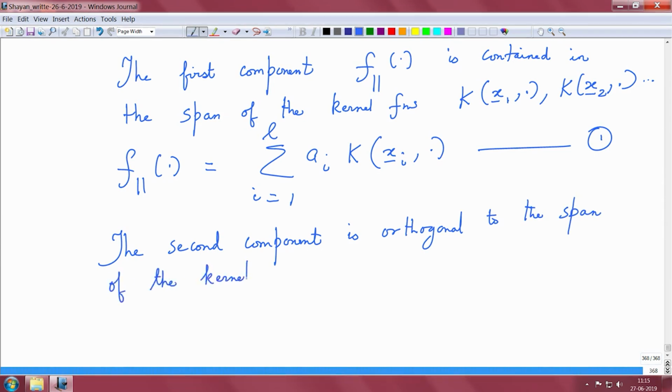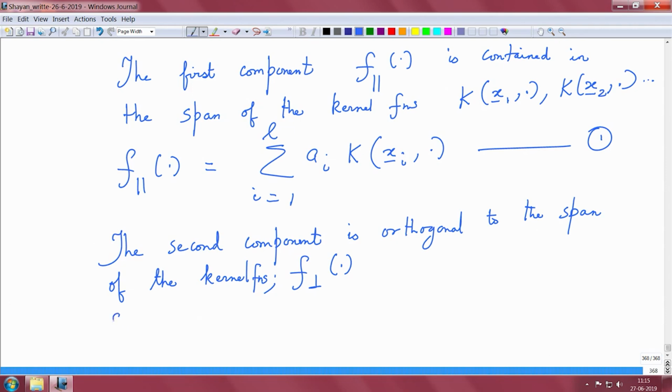So, what it means is take a linear combination of the kernel functions to form a function f parallel, and this function, which I call f perpendicular acting on this data point, is orthogonal to the function which is obtained from the span of the kernel functions, right. The second component is orthogonal to the space of the kernel functions, and it is given by f perpendicular.